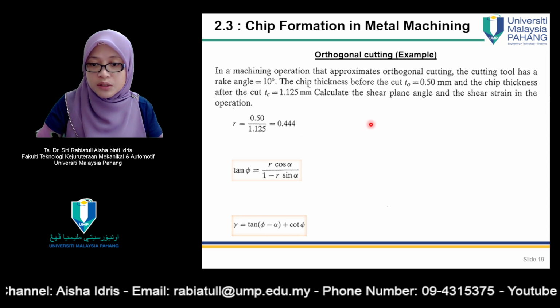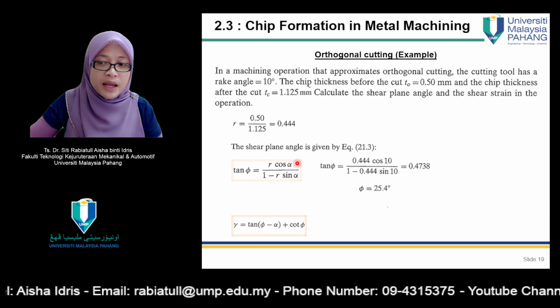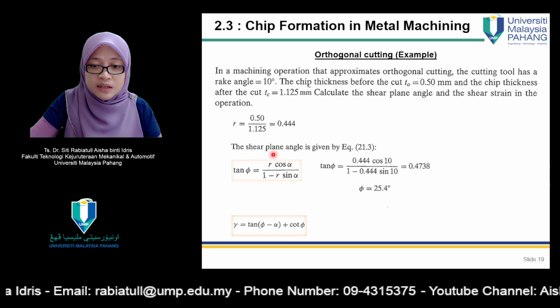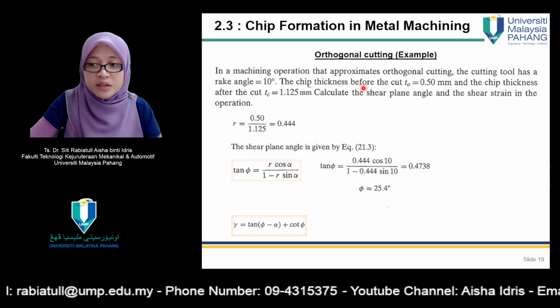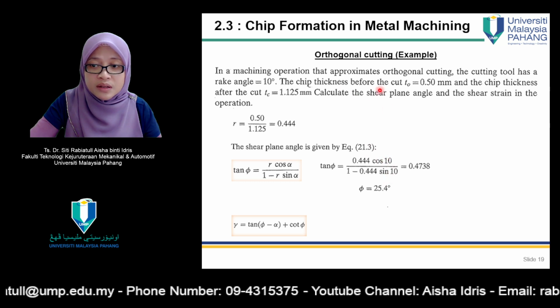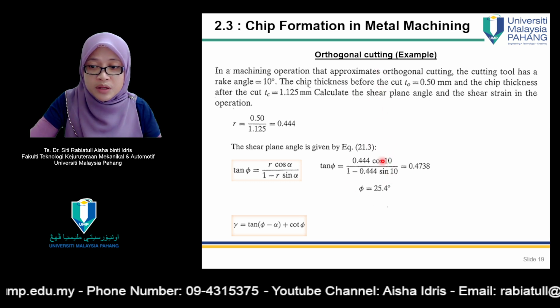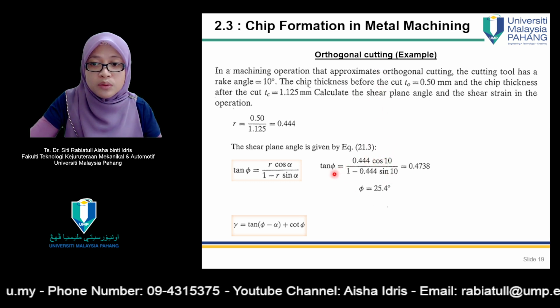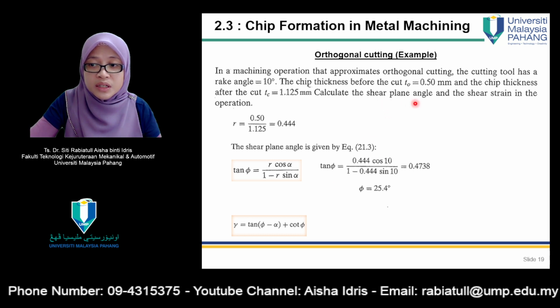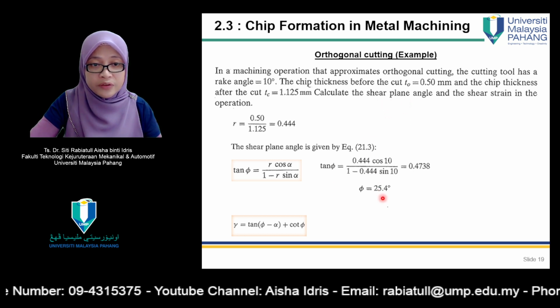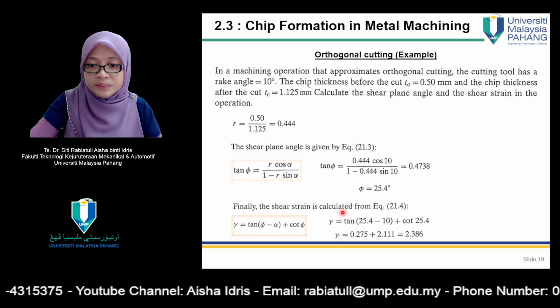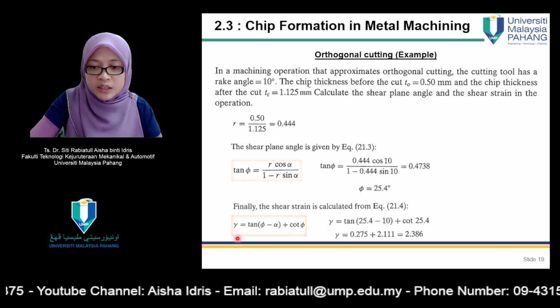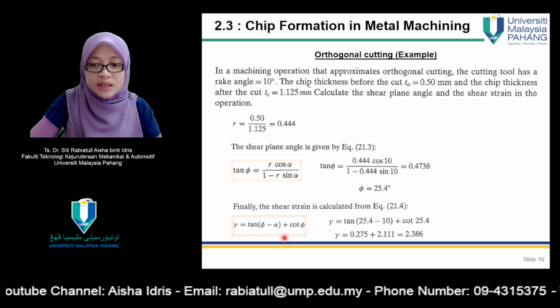After that, we need to calculate the shear plane angle, and this is the formula. Just substitute the information given in this question into the equation, which finally you will get the value for shear plane angle equals 25.4 degrees. Meanwhile, shear strain can be obtained from this equation.